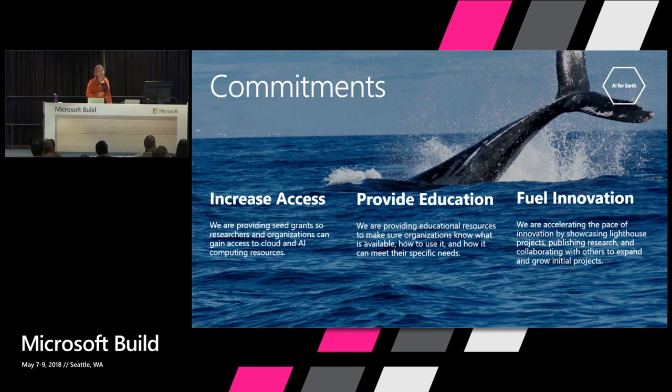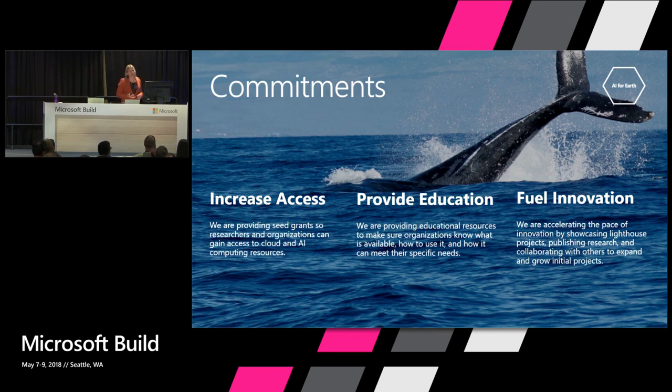And so that's where the AI for Earth grant program comes in. You can apply for a grant, and we can say, okay, here's $10,000, here's whatever amount of money, and then let them actually realize some of that work.